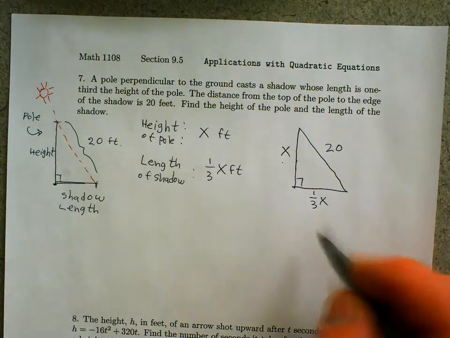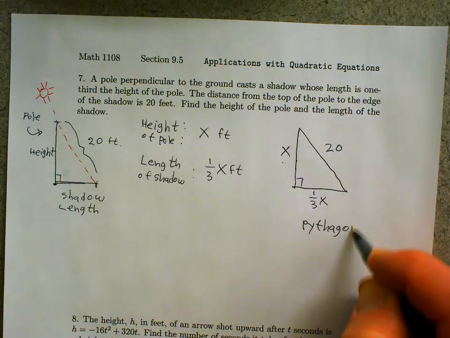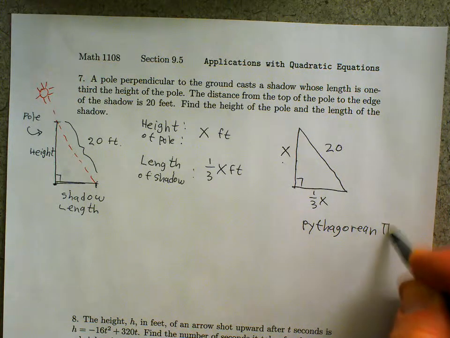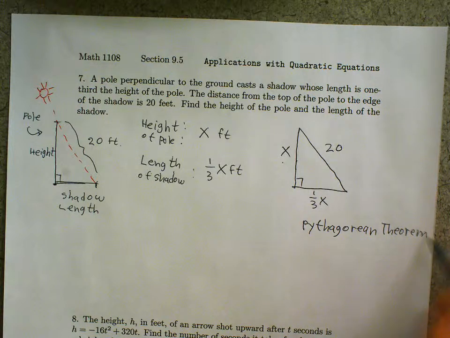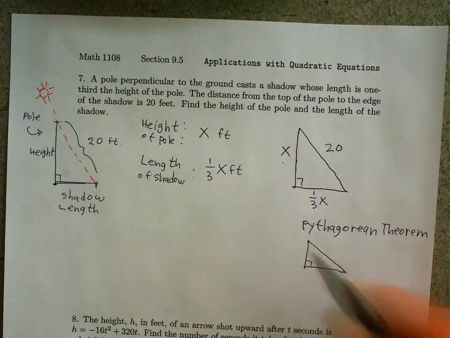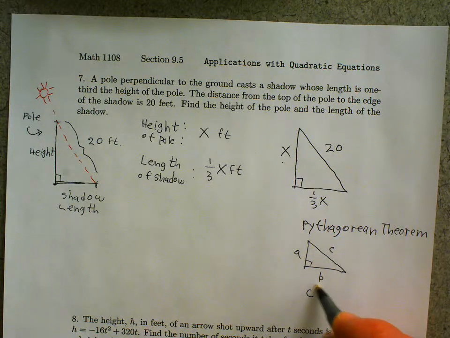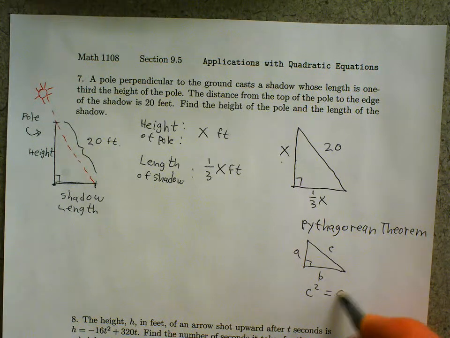And then use the Pythagorean Theorem. If you have a right triangle, if you square the length of the hypotenuse, that's equal to the sum of the squares of the lengths of the two legs. So c squared equals a squared plus b squared.